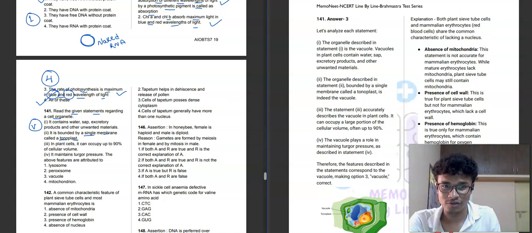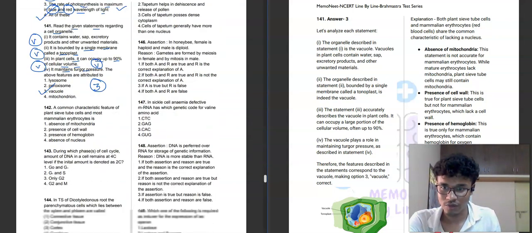This feature is present in vacuole as well. In plant cell, it can occupy up to 90% of the volume. It is also true for vacuole. Lastly, it maintains turgor pressure. So it is also true for vacuole. The third option will be the correct answer for this question.